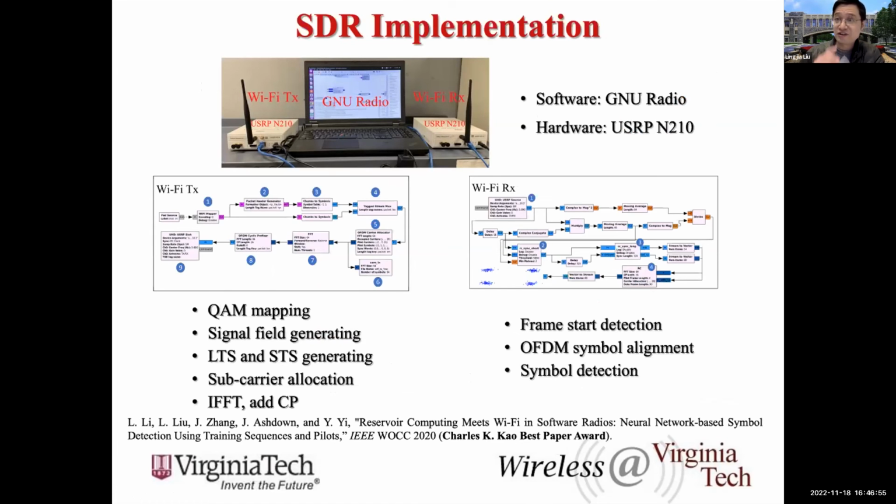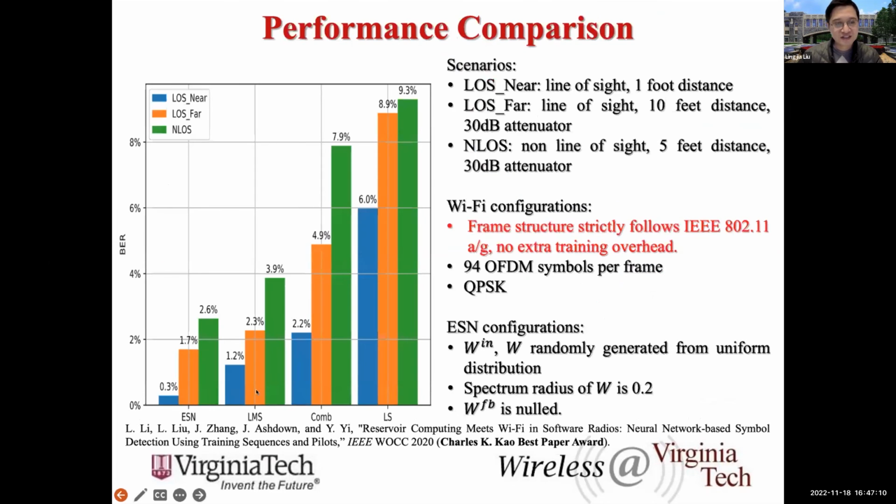We use a standalone, traditional Wi-Fi transmitter. We don't make any change on the Wi-Fi transmitter. We only do things on the Wi-Fi receiver, and we compare various methods. So in order to have an apples-to-apples comparison, we don't use any offline training. There's no additional training used. So this shows the neural network-based approach is beating the existing Wi-Fi signal processing-based approach.